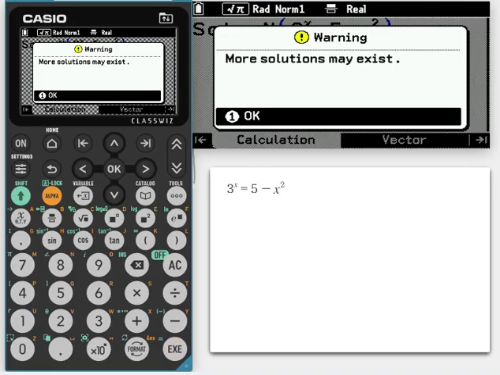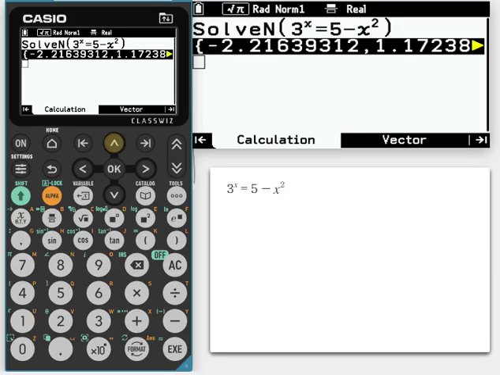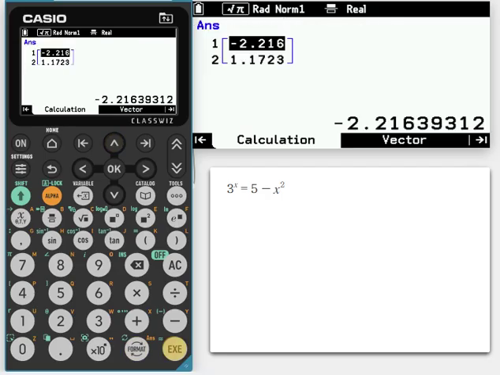It tells you that there are more solutions that may exist, but you still press OK, and it gives you two solutions. To see them in a better way, scroll up and choose format EXE, and it gives you the two values. So one answer is negative 2.2 and the other answer is 1.1.